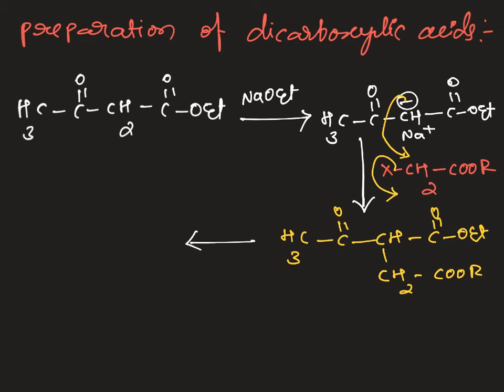After forming the substituted ethyl acetoacetate, again we take it for acid hydrolysis, because our end product is an acid, so we have to use acid hydrolysis.